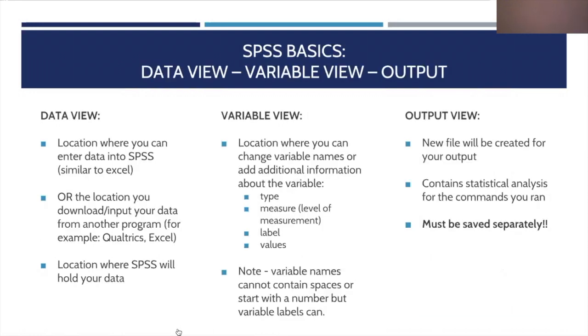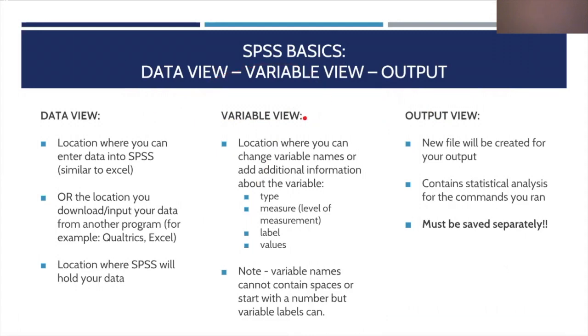Within SPSS, we have three views: your data view, variable view, and your output view. So for our data view, that's the location where either you can physically enter all your data, or the location where you would download your data from another program like Qualtrics or Excel.